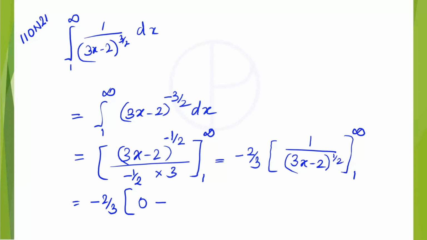Minus 1 over 3 multiplied by 1, the lower limit. 3 minus 2 is 1. So you'll get 1. So 2 over 3. Okay? So you have to remember 1 divided by infinity is 0.